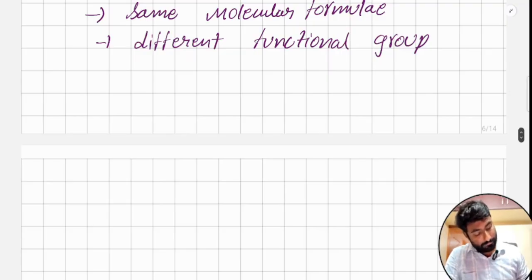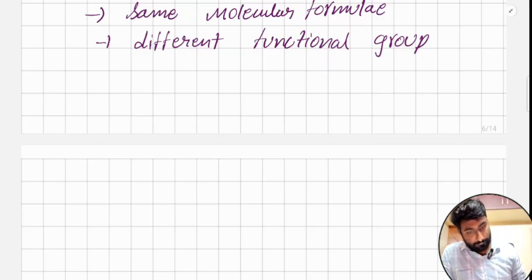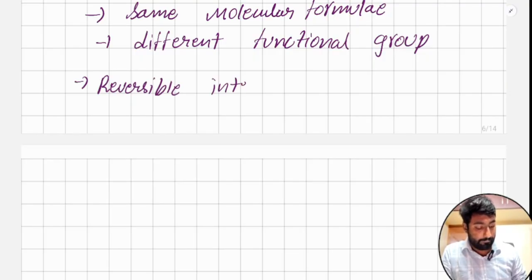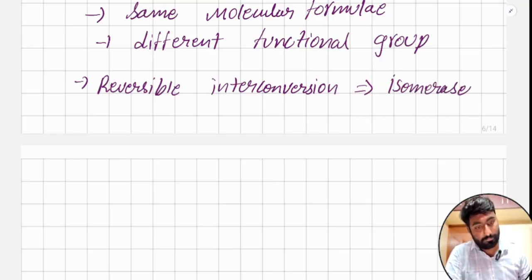Now, for the conversion of one functional isomer into another functional isomer, the enzymes are isomerases. Okay, note down: reversible interconversion is by the help of enzymes called isomerases.